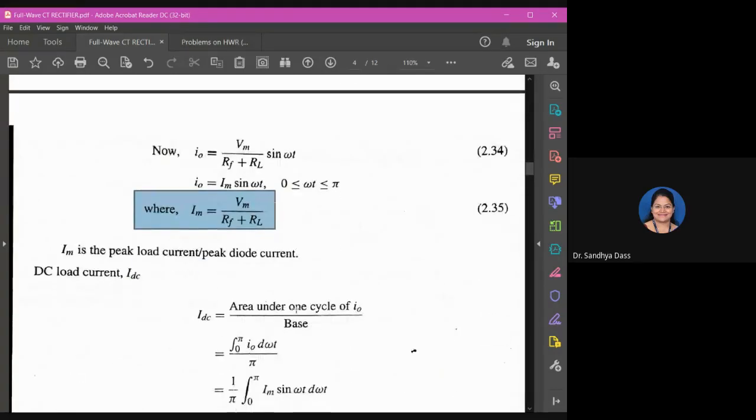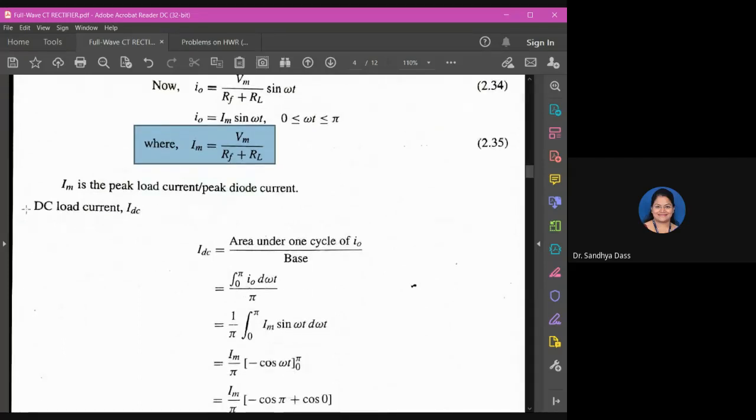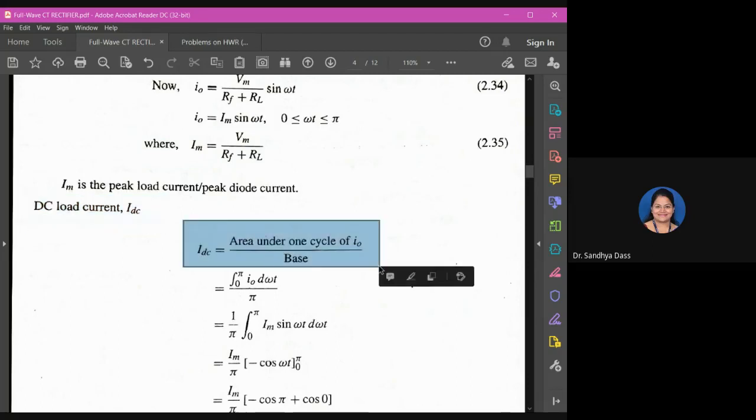Okay. So again, Im is equal to Vm by Rf plus RL. All right. And Im is your peak load current or the output current, what you can say. So IDC, that is DC load current, we know that it is nothing but the area under one cycle of the current by the base. So here we are taking for only half cycle, that is 0 to pi.